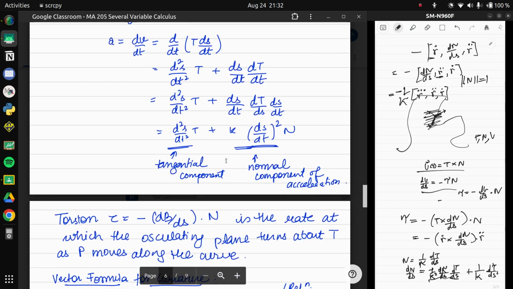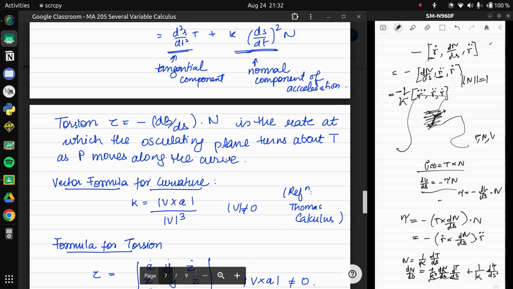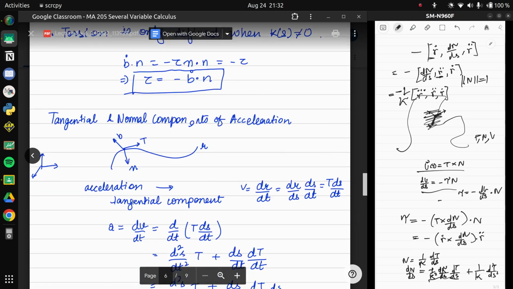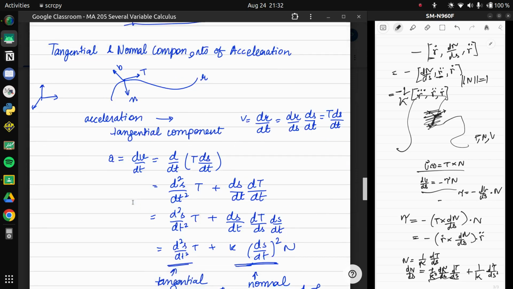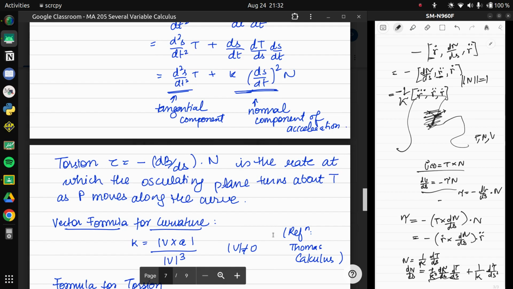Is that the formula? Oh, so they have done a lot of other stuff which I don't know what's going on. Oh, so they have defined a is equal to dv, so it's just the acceleration. So the acceleration is the tangential component plus the normal component, and they are rewriting the torsion as negative db by ds dot n.